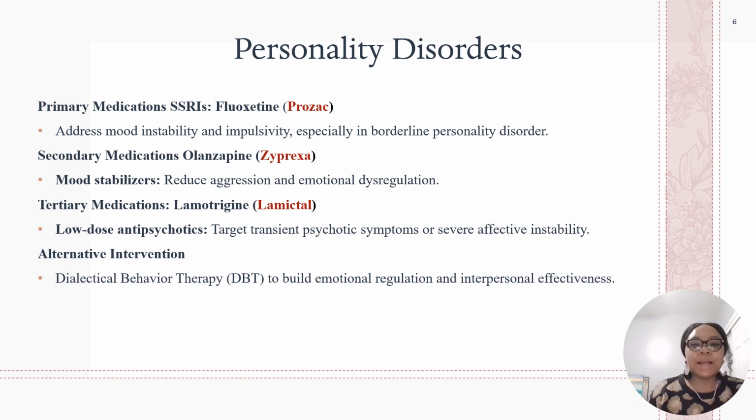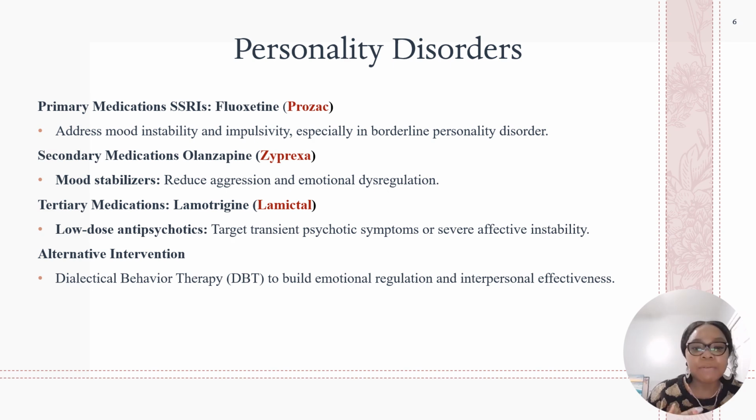Next, we have our personality disorders. So within our personality disorders, medication does not cure personality disorders, but can target specific symptoms. So you have your SSRIs and mood stabilizers that are often used to reduce emotional dysregulation.